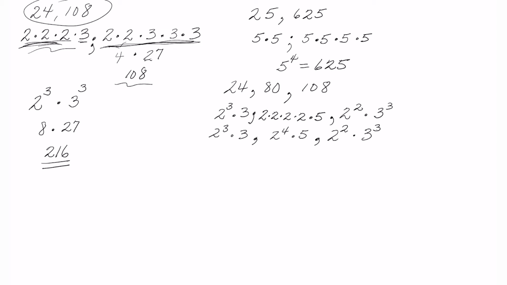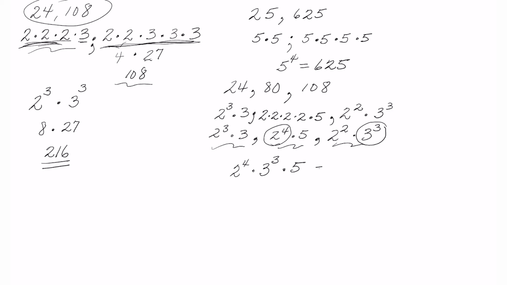Once again, we need all of the factors to the greatest number of times they're used in any one. So we need 2 to the fourth, since this one has 2 to the fourth. We need 3 to the third, because this one has three 3s. And we need a 5 to go with it.